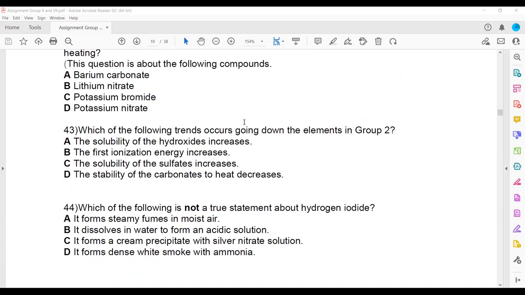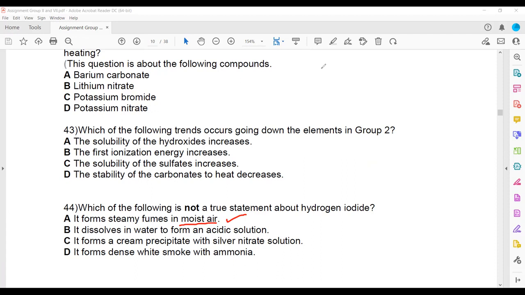Then question 44, which of the following is not a true statement about hydrogen iodide? So which is not the true statement for hydrogen iodide? Hydrogen iodide forms steamy fumes in moist air. This is true. Why?